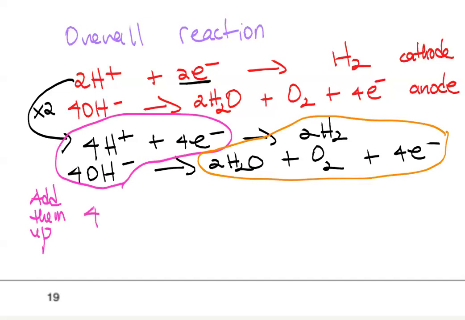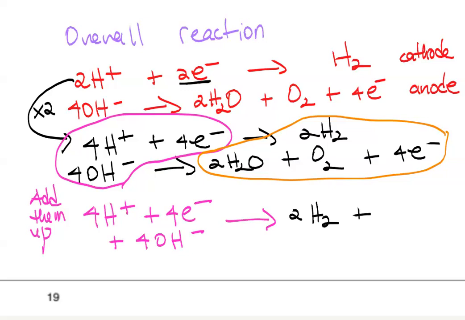So I get 4H plus, add 4e, add 4OH minus, then we go to the right to form 2H2, add 2H2O, add O2, add 4e.